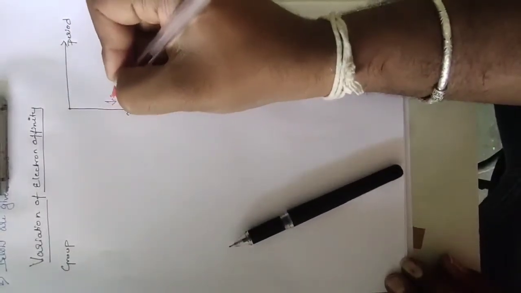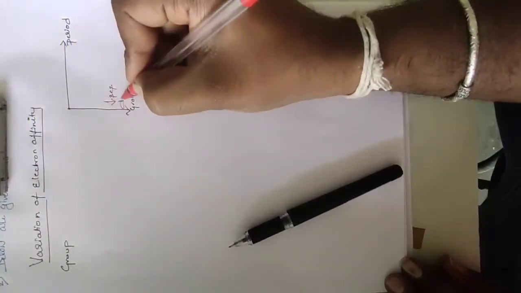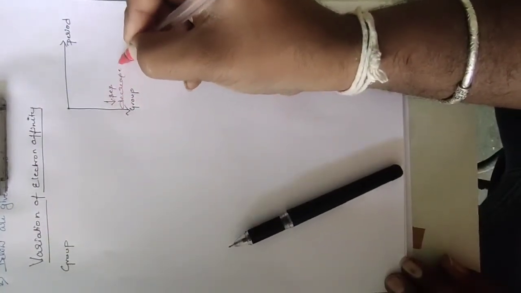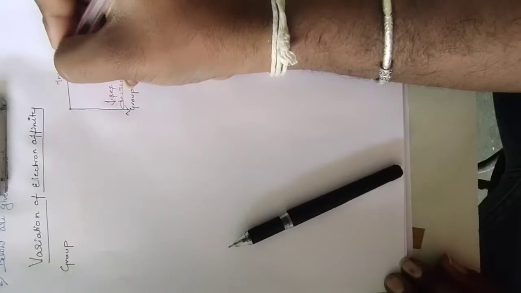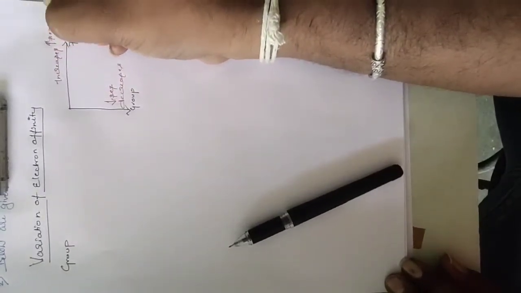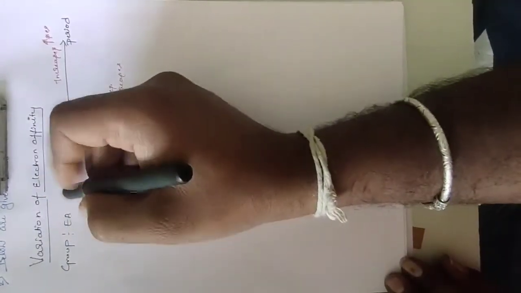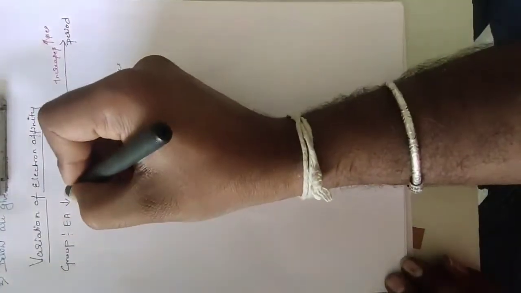Electron affinity decreases when going from top to bottom.